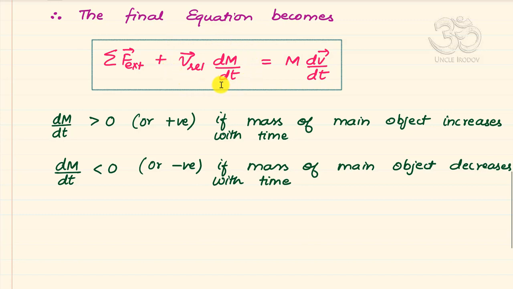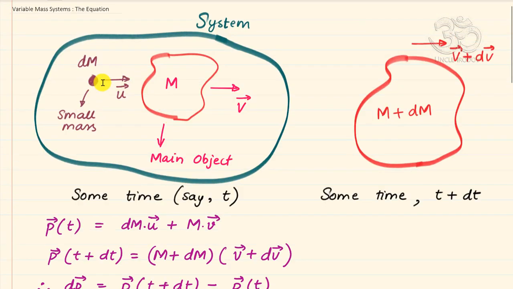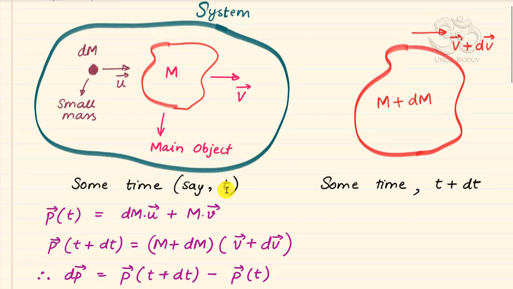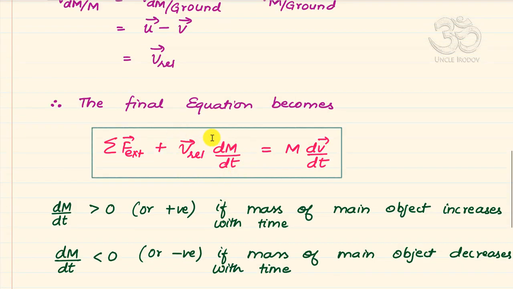When we interpret it, maybe this term is the force exerted by dm when it is interacting with m. Let us say u is more than v, in a simplified one-dimensional format, moving along the x-axis, with v less and u more. When this dm with a greater velocity comes in and is absorbed by the main object m, dm is going to exert a pushing force on m, and this term represents that pushing force.